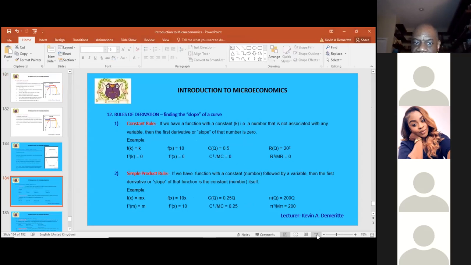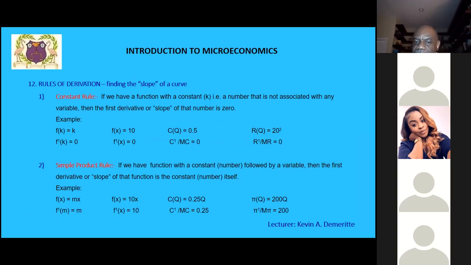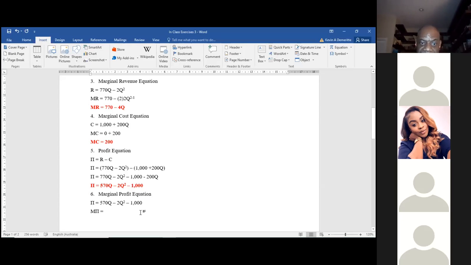Rule number 2 says, if you have a function with a number in front of a letter, simple product rule, then the slope of that function with respect to that particular piece is just the number. So 0.25q becomes just 0.25. 200q just becomes 200. So using that same logic, what about 570q? It becomes just 570. All right, fine.